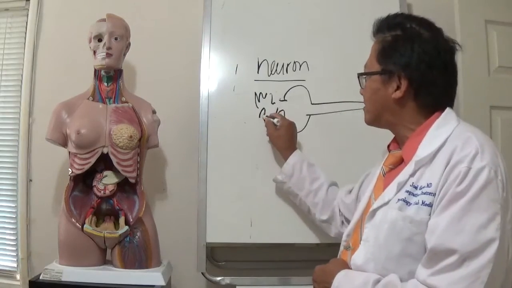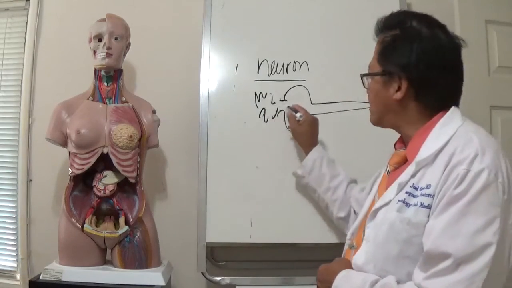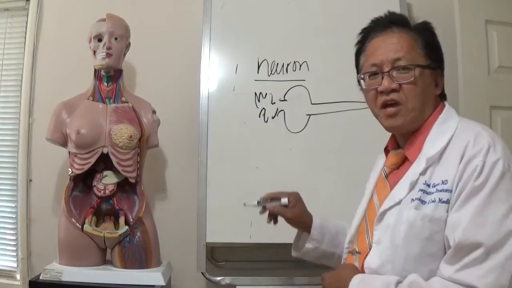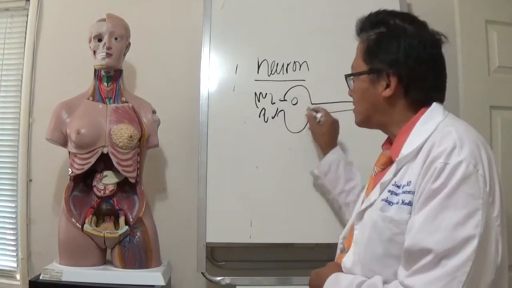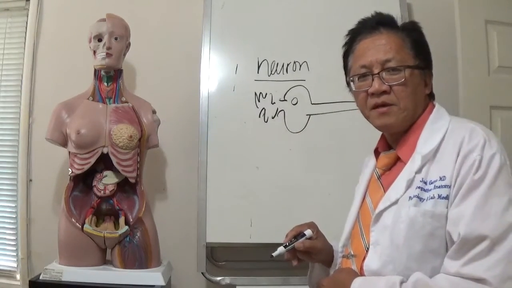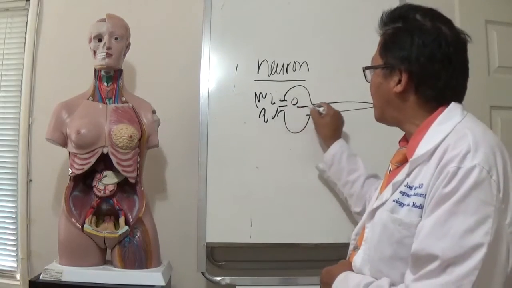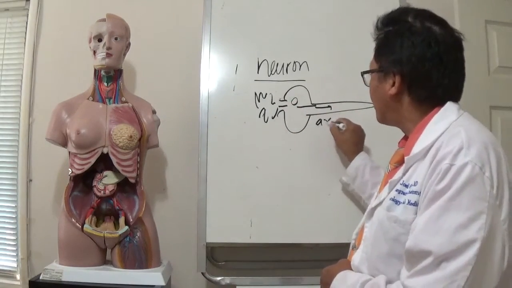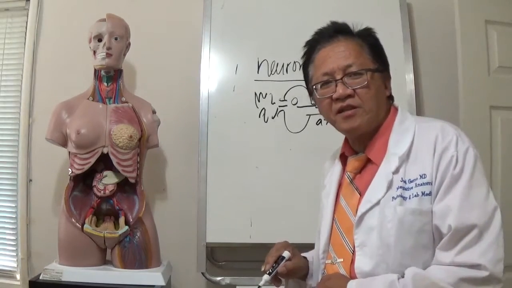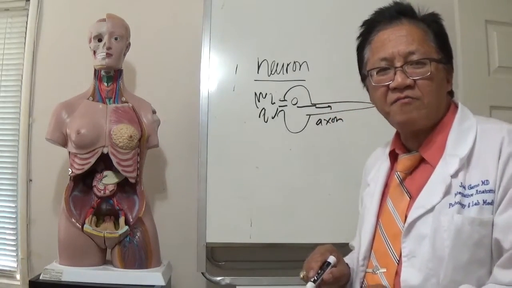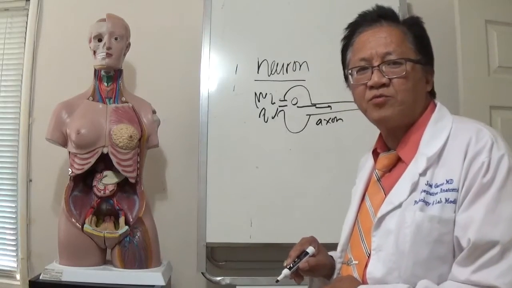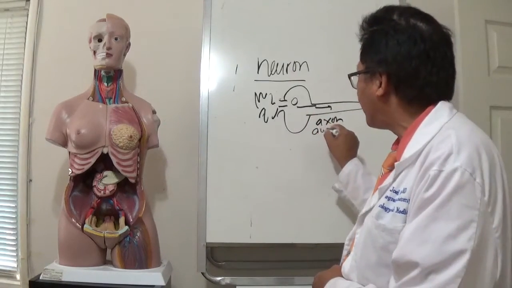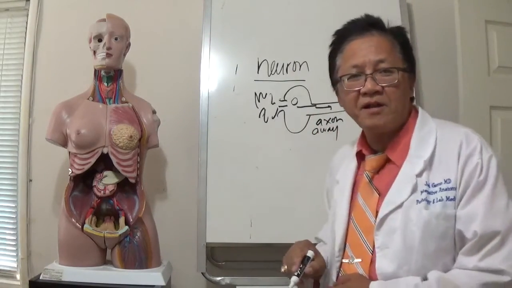Then it goes to the cell body, which contains the nucleus and the cytoplasm. Then the electrical impulse travels from the cell body to the axon. If you observe, the first letter of axon is A, and therefore the transmission of the nerve impulse will be A for away from the cell body.